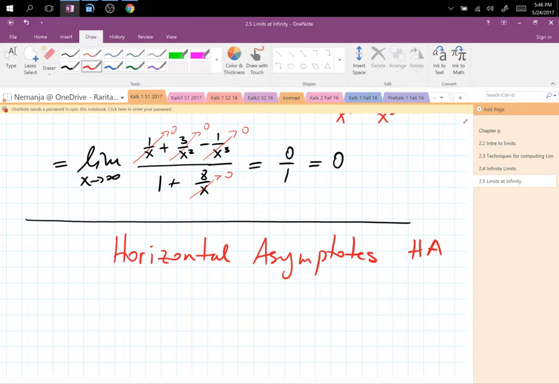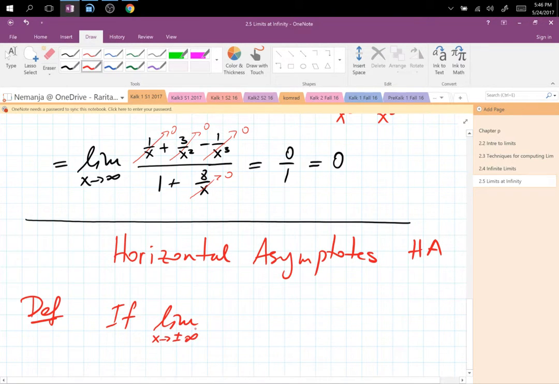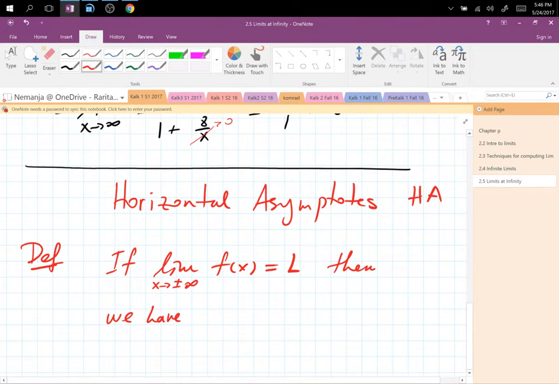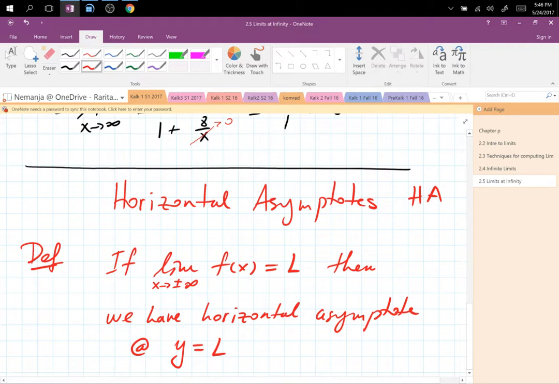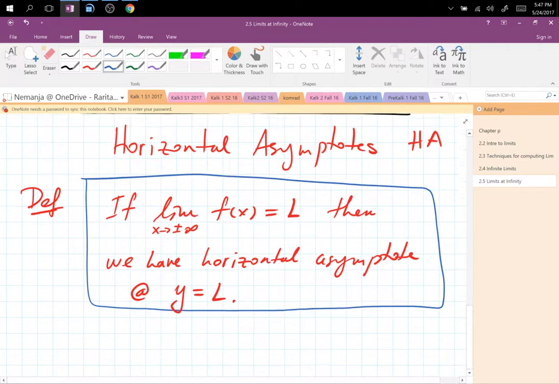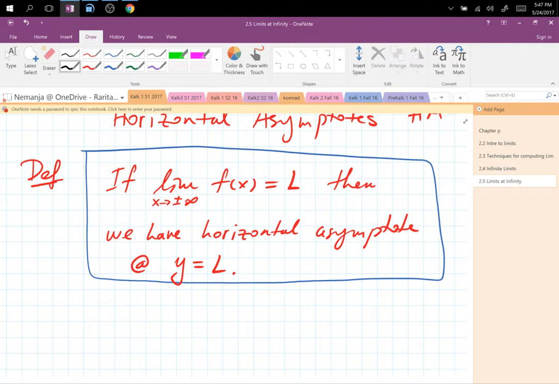So the theorem, definition, whatever, goes that if the limit as x goes to positive or negative infinity of f of x is equal to some finite number L, then we have a horizontal asymptote at y equals L. So that would be something for us to consider.